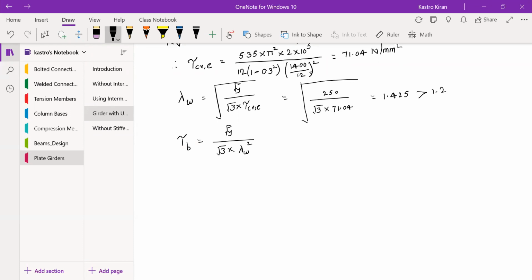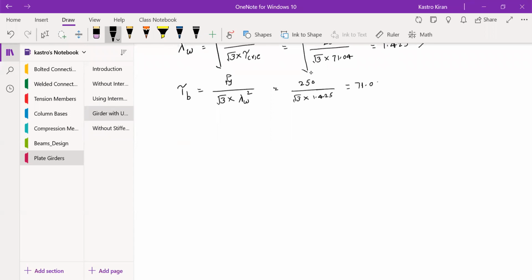So this is the formula to find out tau B when you have the lambda W value greater than 1.2. So you know the value of Fy, which is 250 upon root 3 times of lambda W is 1.425. This will be the value which you are getting as 71.08 newtons per mm square.